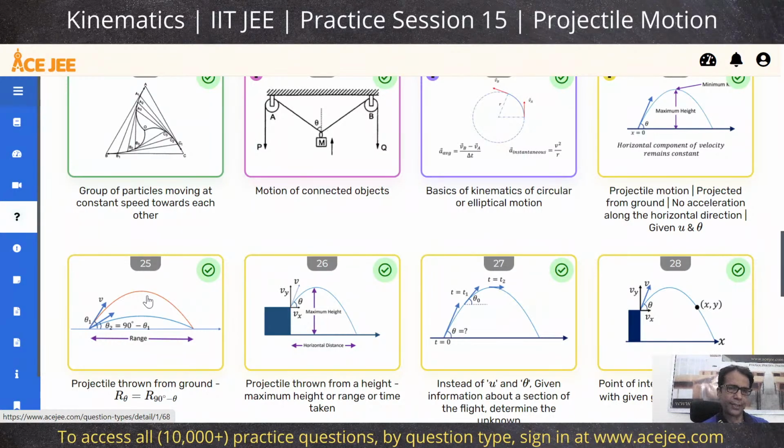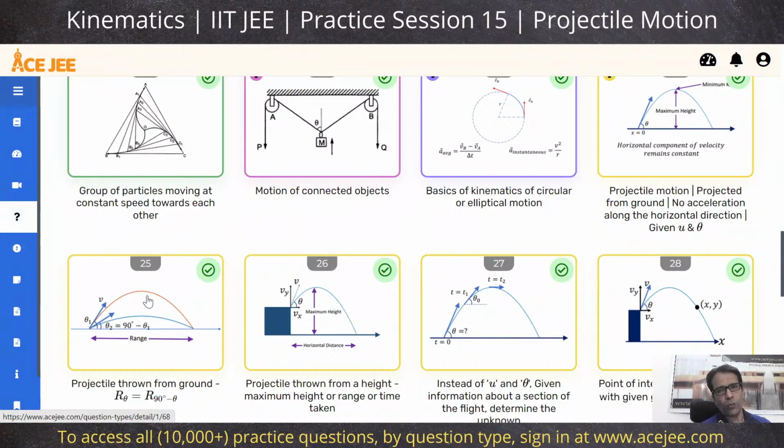So the interesting point here is, let's say you're talking about the intersection of the projectile curve and a straight line, an inclined line making some angle alpha with the ground. Then the coordinates x and y at the point of intersection will satisfy both your trajectory equation of the projectile as well as the equation of the given geometry.